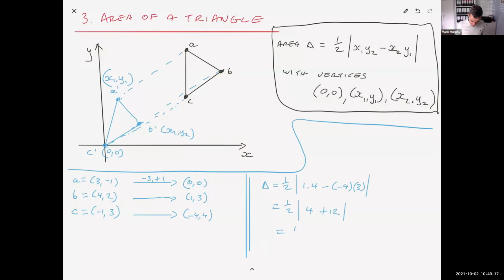So it's equal to half times 16 equals 8. Okay, so the area of that triangle is 8 square units. Okay, that's the area of a triangle. Quick, not much to it. And I think that is in your logbooks. Okay, let's go on to 4.